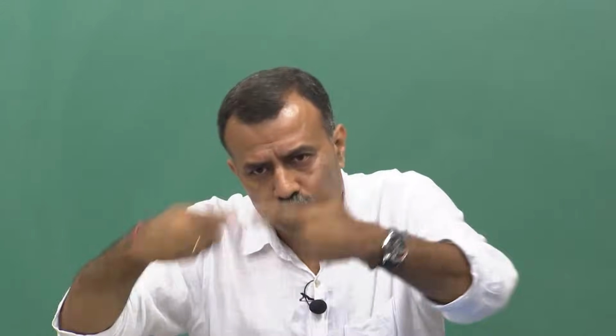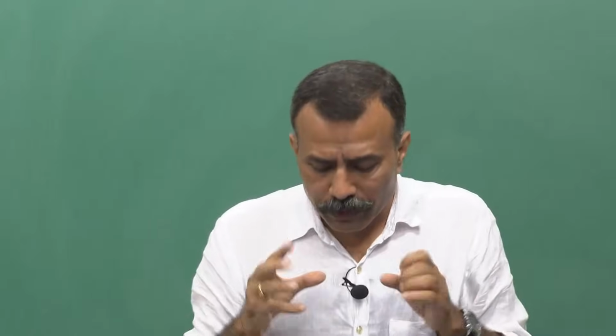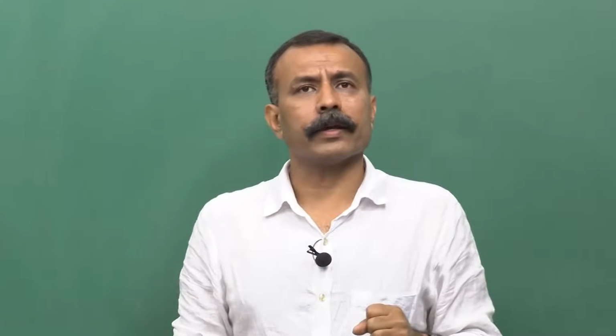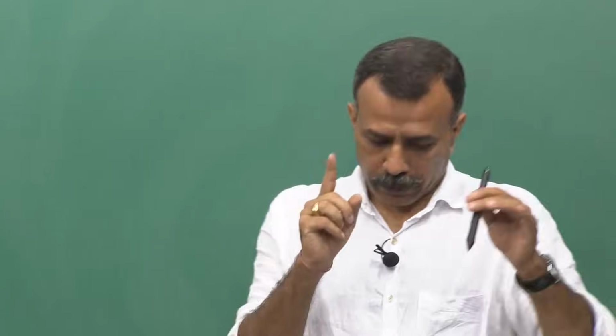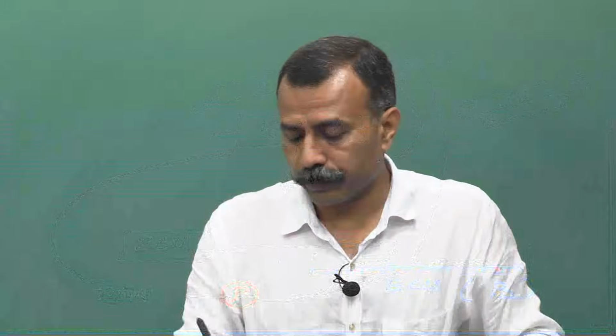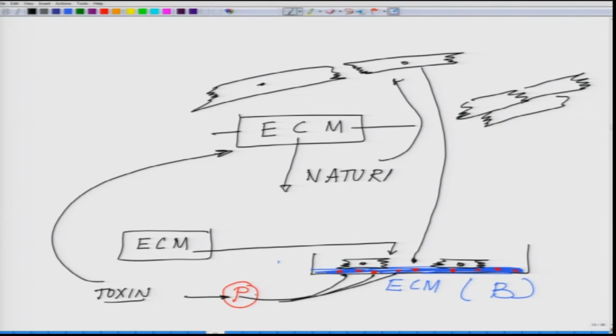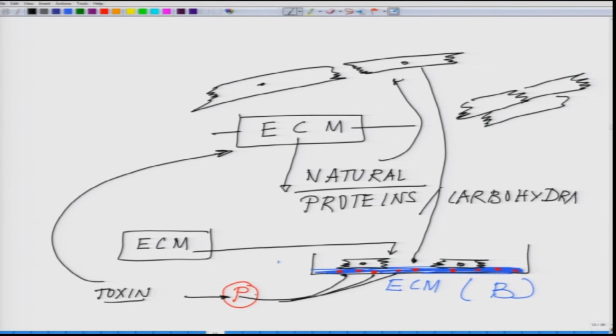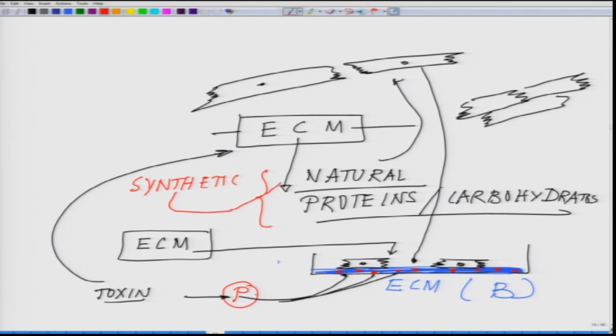It's a very tough process. One has to go through that whole grill to understand the significance of having this kind of understanding. Or say for example, we start predicting that these are natural ECM, which consist, as I have mentioned, of proteins and carbohydrates. Now, I have a synthetic molecule, a synthetic analog, which exactly mimics a natural analog.